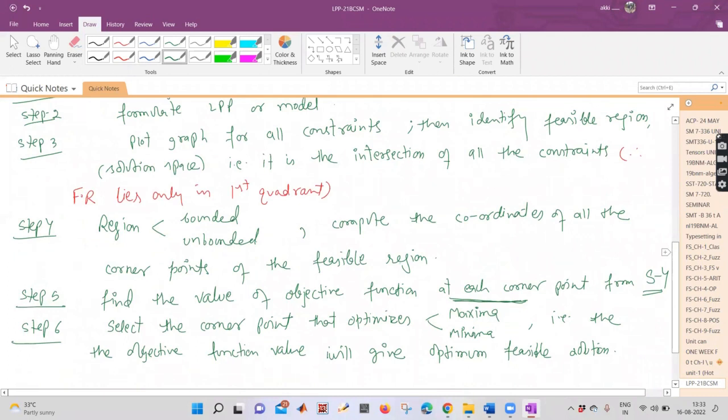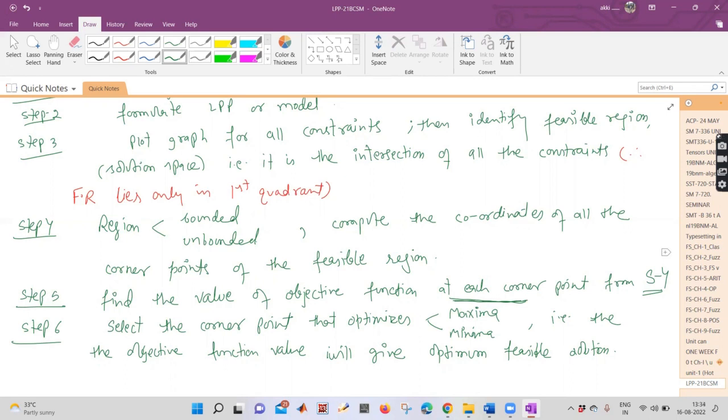Now my region could be bounded or unbounded. Based on this, you find all the possible corner points of the feasible region. Then you find the value of the objective function at each corner point, evaluate it, and keep it aside.